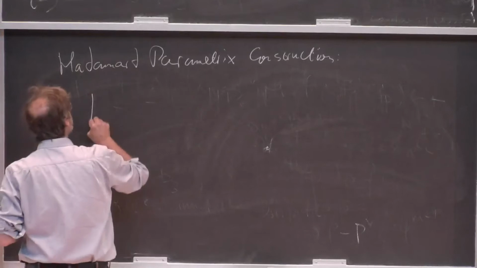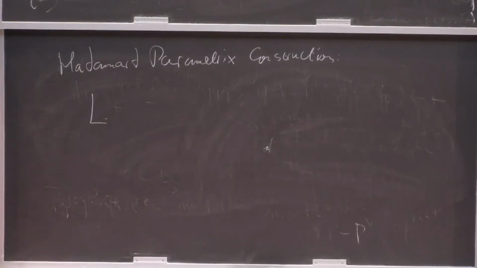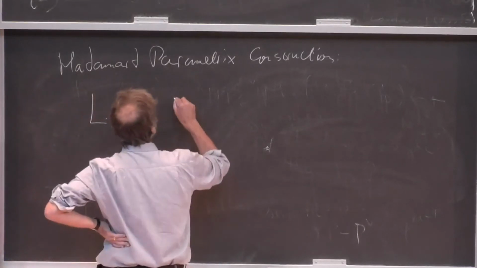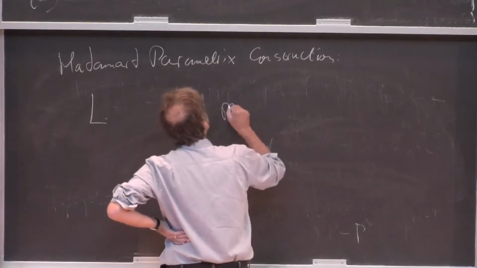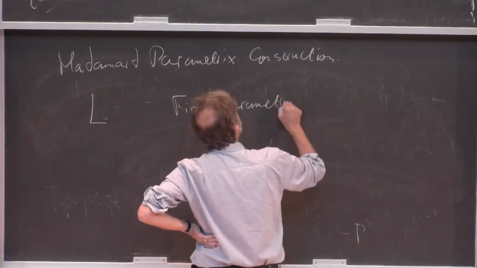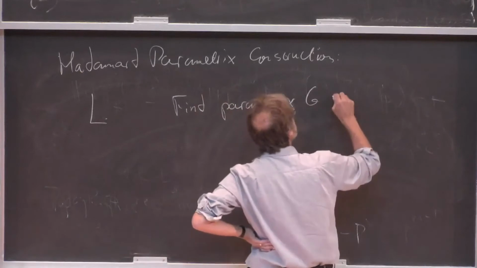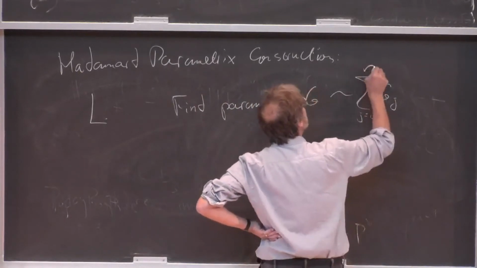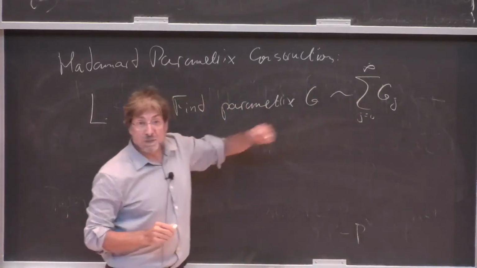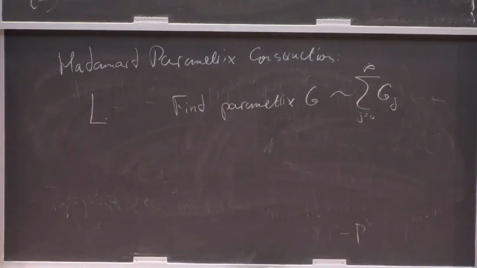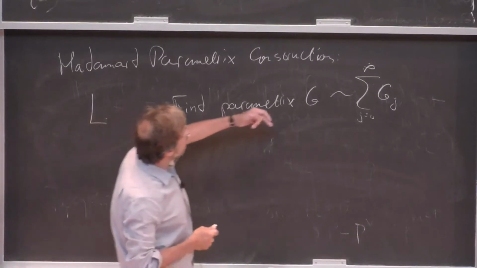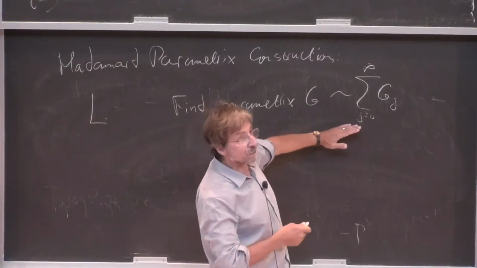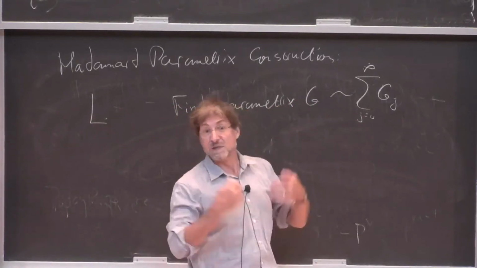So, let's start with this L. This is my elliptic operator. And what I want to do is find a parametrix G, and it's going to be given as an asymptotic series, G_j, j goes from 0 to infinity. Even though I'm sure it was talked about this morning, I'll remind you what that asymptotic series looks like. And the G_j's are, now this is going to be on the level of Schwartz kernels rather than on the level of oscillatory integrals.